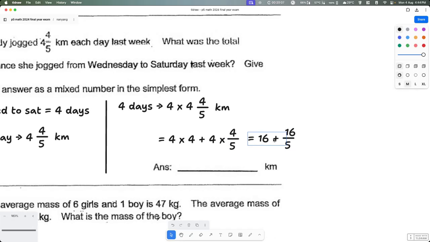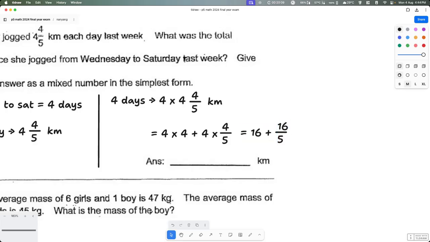And then we need to make this into a simplest form. So 16 out of 5, if you were to do your workings, you divide 16 by 5. You can just minus 15, and this will give you your quotient 3 and your remainder 1.